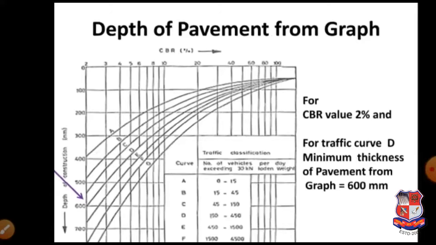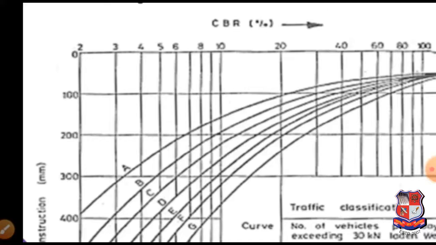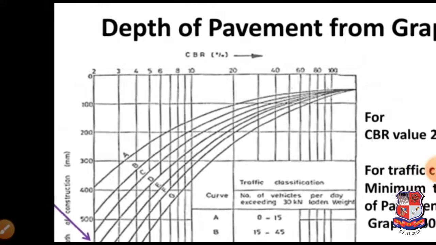In our calculation, the CBR value is 2%. So our line of CBR percentage is the first vertical line, which is the CBR value 2% line. On this vertical line, we find the thickness of road pavement or depth of construction.